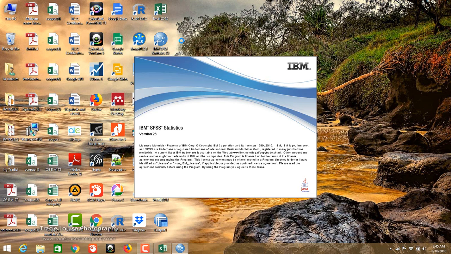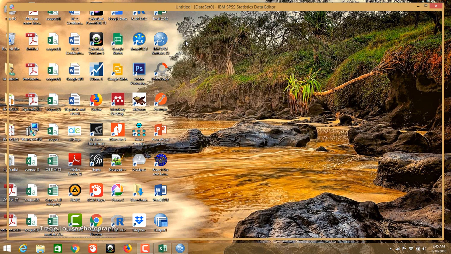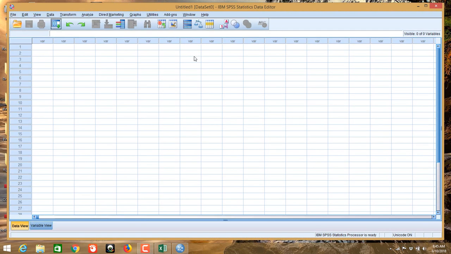Can you run the analysis using Excel? You can. If you are good in Excel, you can use it to run regression. Excel is also able to run regression, but it's not very easy to do because it's not dedicated to this kind of analysis.